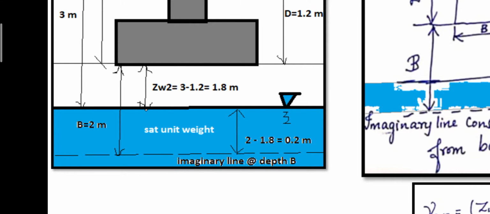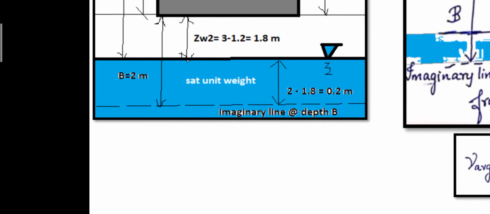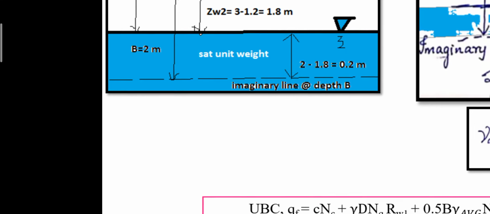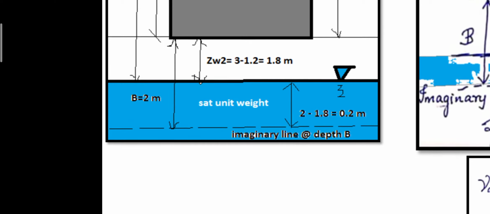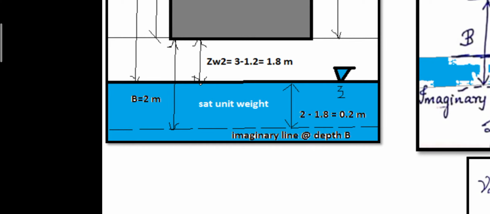We only consider below the base of the footing, because there we have two parts of soil, dry part and wet part. The dry part depth is 1.8 meter, the wet part depth is 0.2 meter.